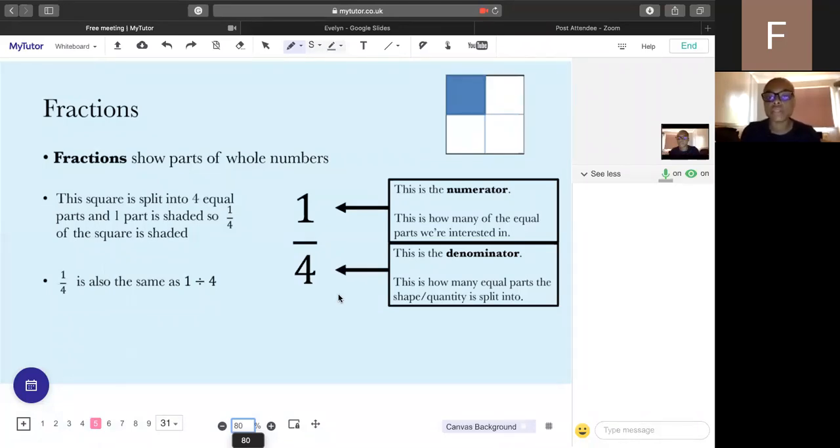The numerator, the top number in your fraction, represents how many parts we're interested in, and the denominator, the bottom part of your fraction, represents how many equal parts we've split our shape or quantity into. A fraction also represents a division, so a quarter is the same as saying 1 divided by 4.